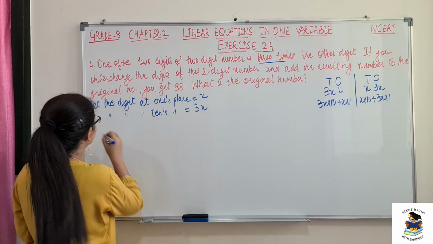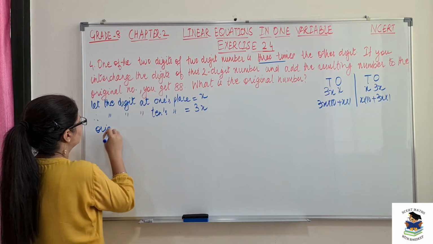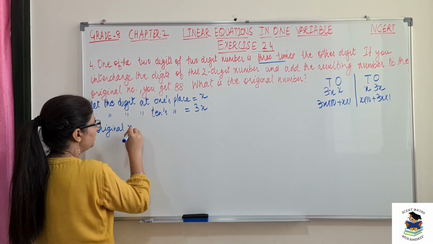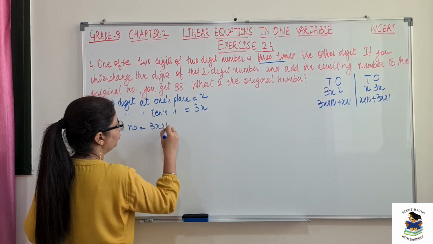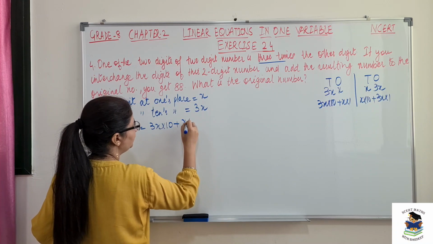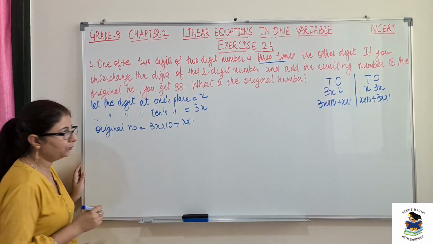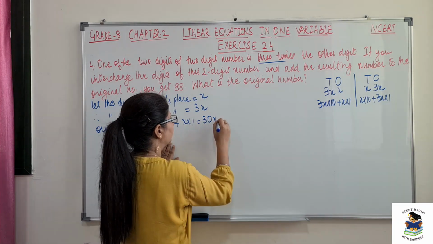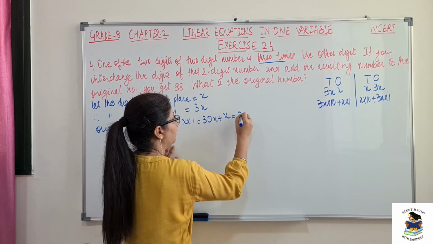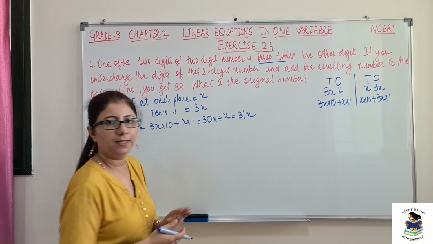So what is our original number? Original number means 10's place should be multiplied with 10 and 1's place should be multiplied with 1. So 3x into 10 is 30x plus x. So I will get 31x.